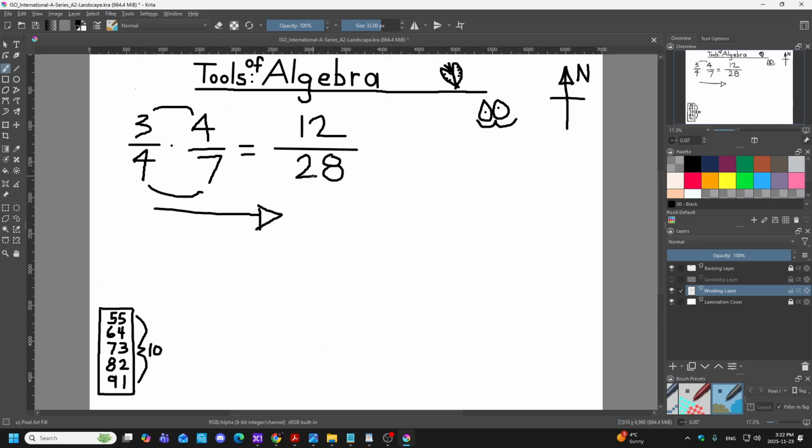Multiplying these together, we get 28, right? Let me show you something. Let's save ourselves the pain of having to reduce. Watch this. I could rewrite this just like this: 3 times 4 over 4 times 7.